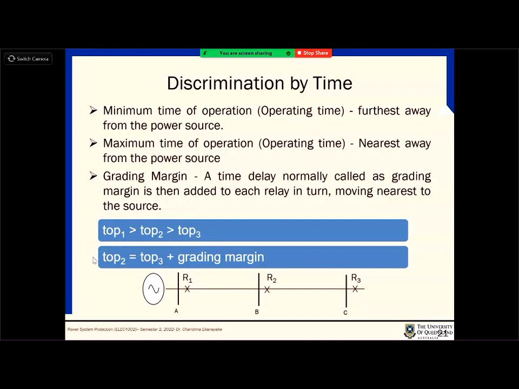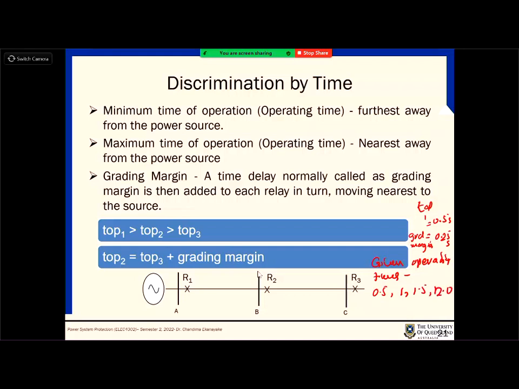If this is the condition that you need to satisfy, say TOP1 is equal to, let's say, 0.5 seconds, and my grading margin is, let's say, 0.25 seconds, and the given operating times for these relays are 0.5, 1, 1.5, 2.